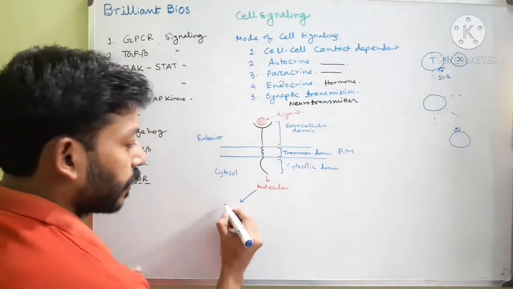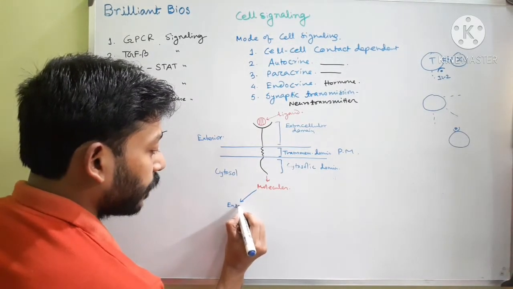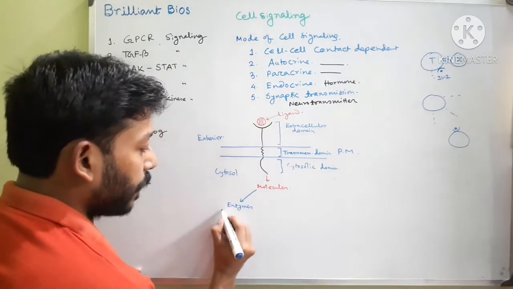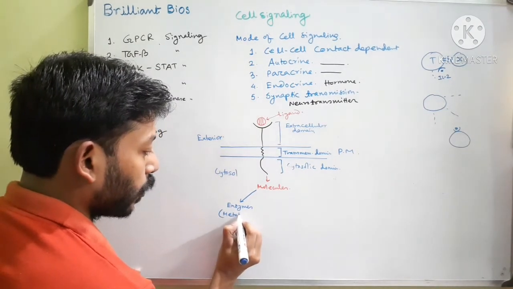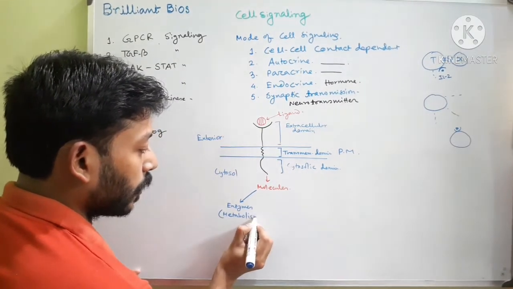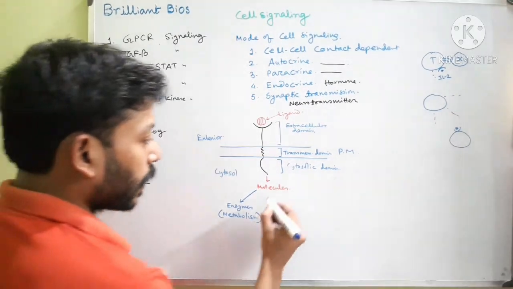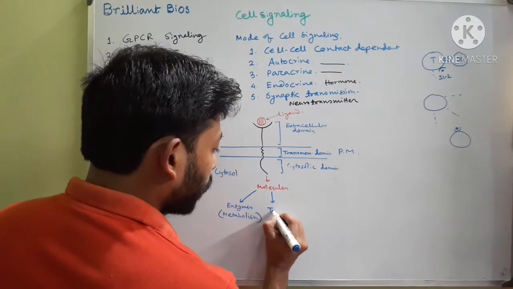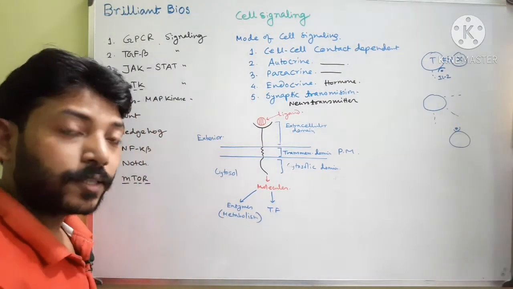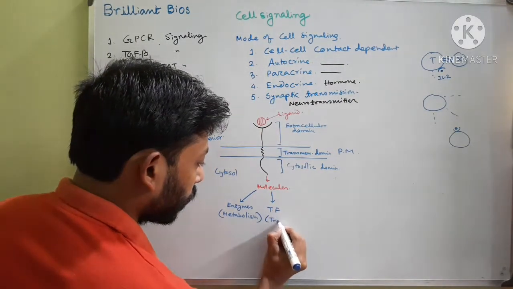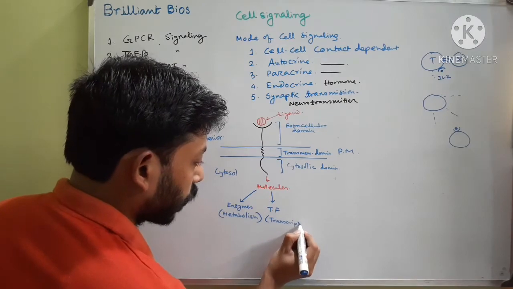Majorly, we can write here, these molecules can activate enzymes that help in metabolism. So this cell signaling controls a very important thing of a cell called metabolism. These molecules can activate transcription factors, so it regulates transcription. This is very important for a cell.